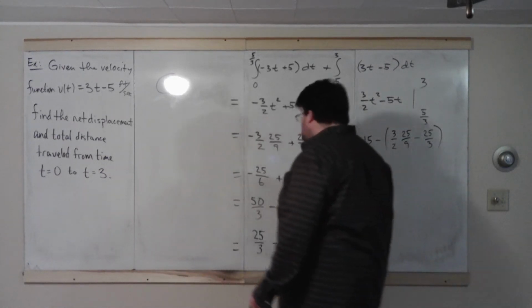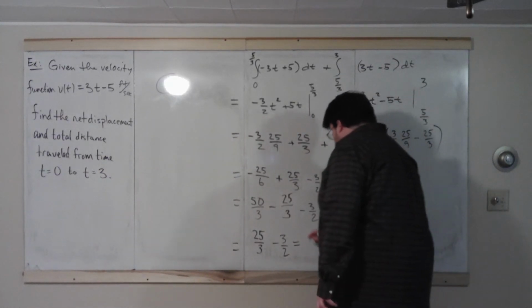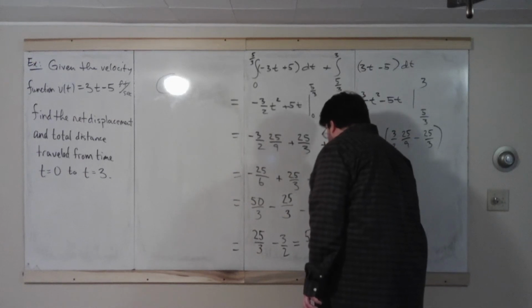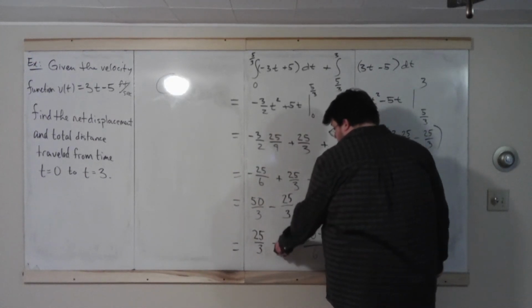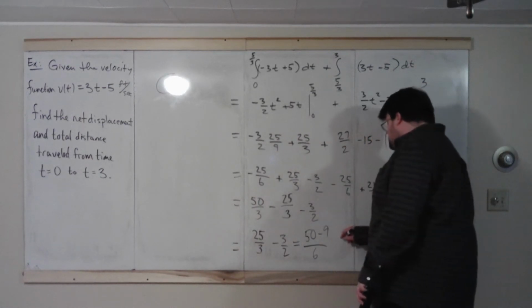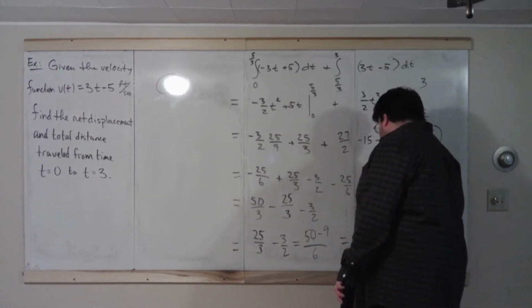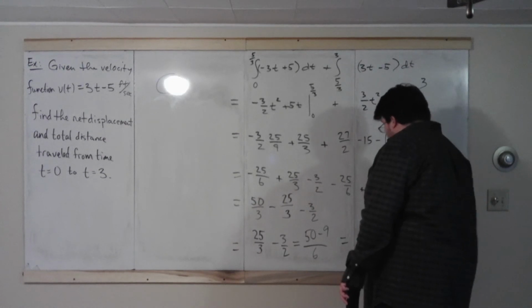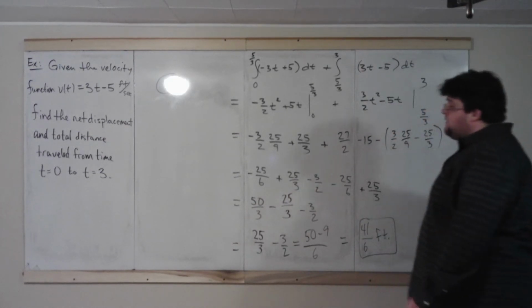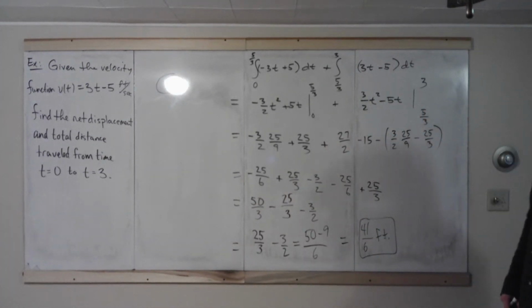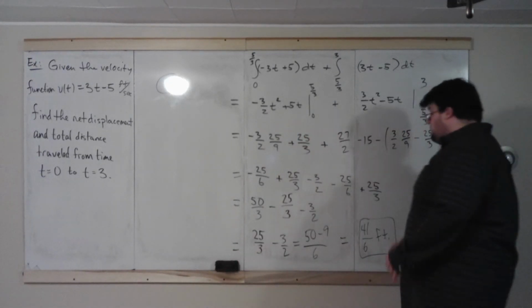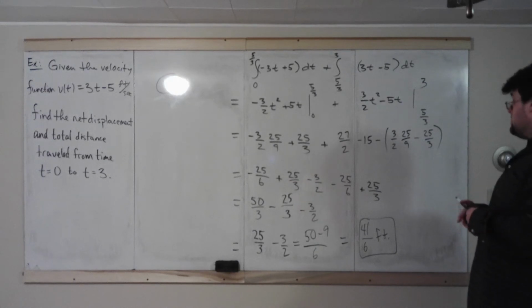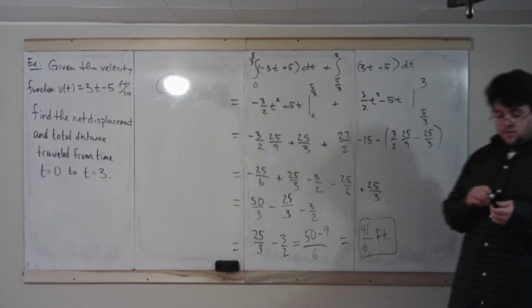Now combine these. What do you get? You get 50 minus 9 over 6, the cross multiplication thing. 50 minus 9 all over 6 gives you 41 sixths feet. So during that time interval, the object moved 41 sixths total feet and wound up 1.5 feet behind where it started.